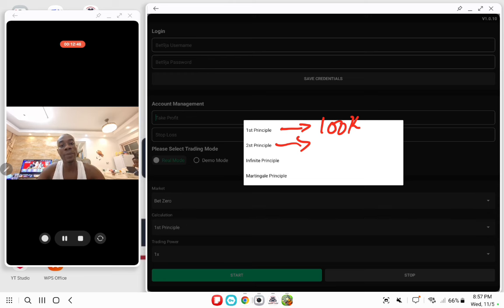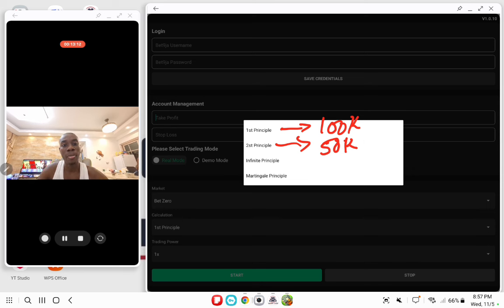Okay, then the second principle calculation is also very good. On this one, let's assume between 50k, for remember this amount I'm putting is for one-time trading power. Okay, between 50k is fine.